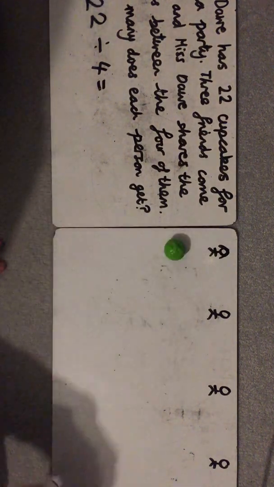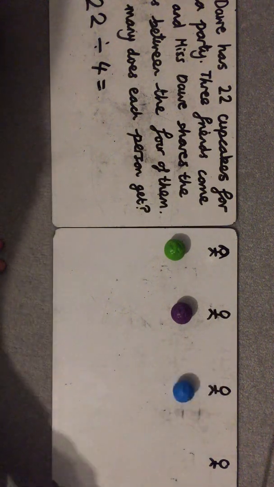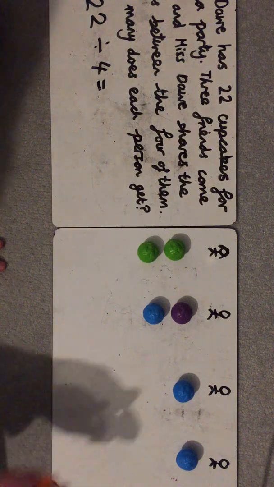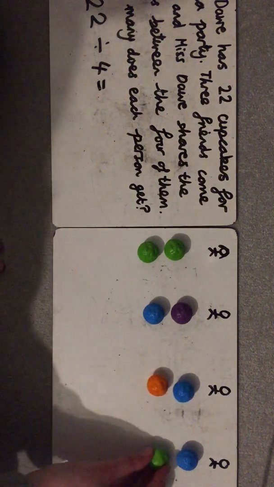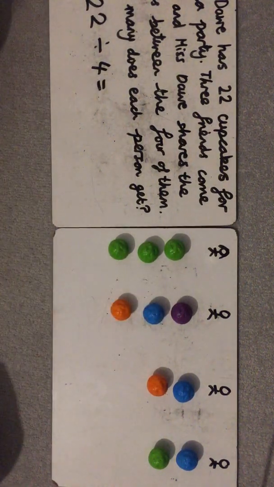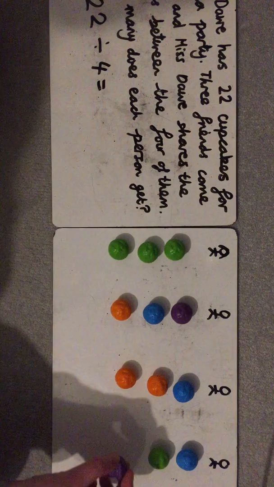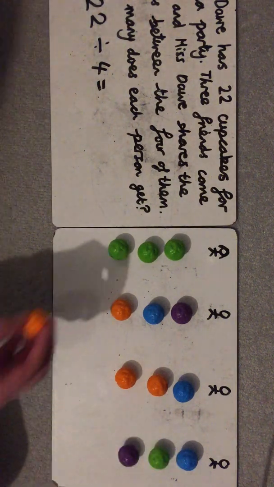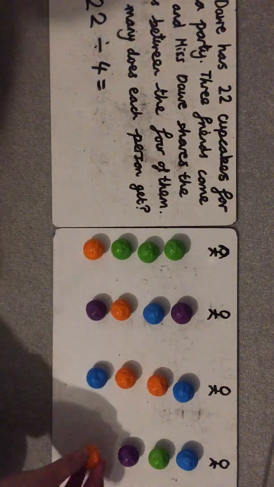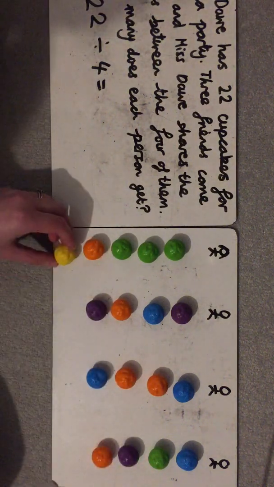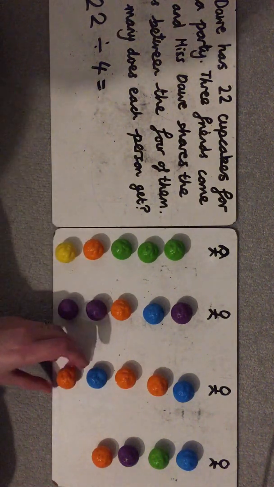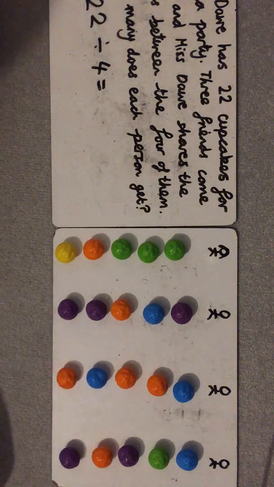Otherwise, let's go. 1, 2, 3, 4, 5, 6, 7, 8, 9, 10, 11, 12, 13, are you doing it? 14, 15, 16, 17, 18, 19, 20.